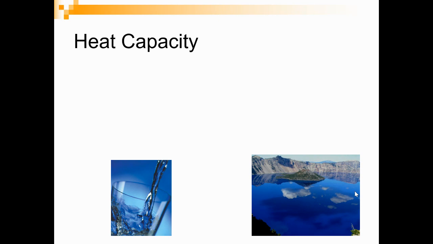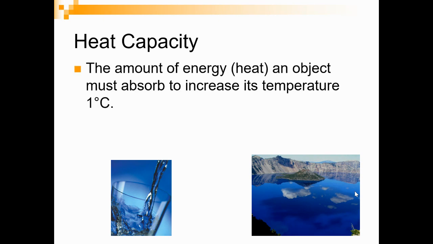So let's define heat capacity and then talk about it. Heat capacity is the amount of energy, the amount of heat, because heat is one form of energy, the amount of heat energy that an object must absorb to increase its temperature 1 degree Celsius. So if you look at my two pictures here, you'll notice that I have a glass of water and I have a lake, Crater Lake to be exact.